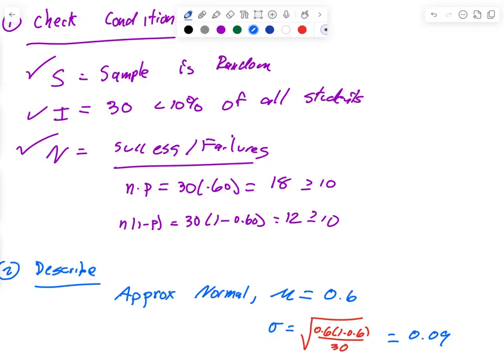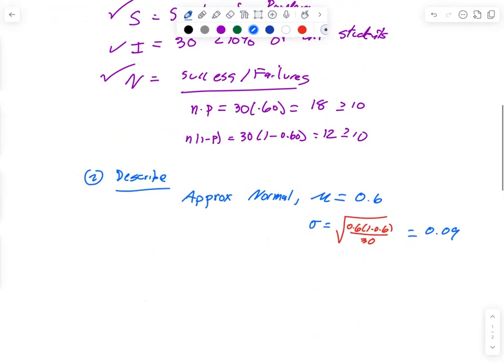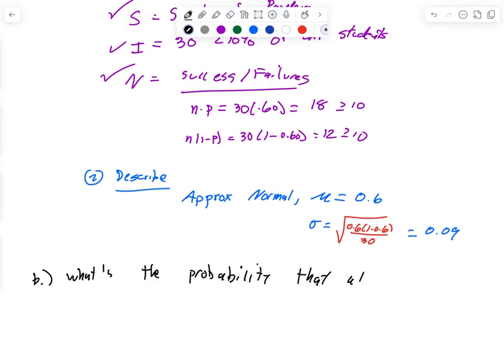B. What's the probability that at least 16 students sampled are female?